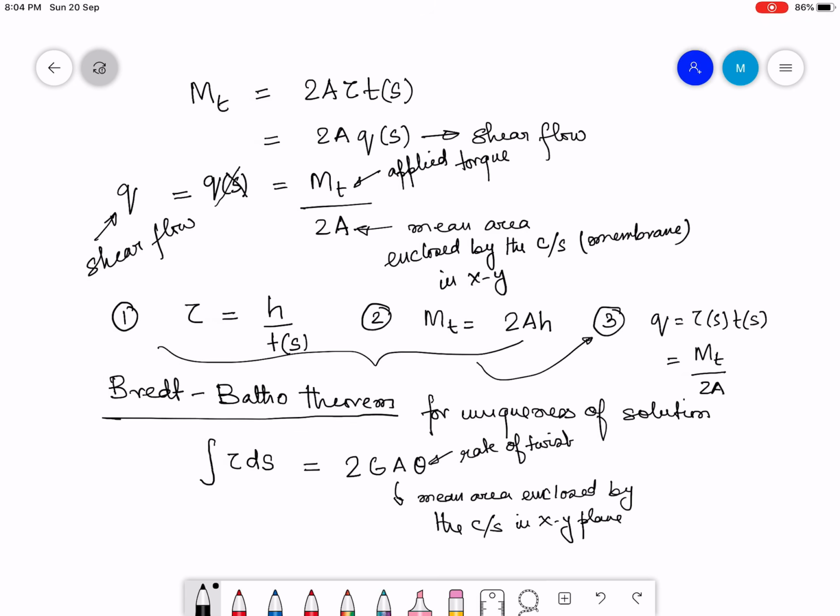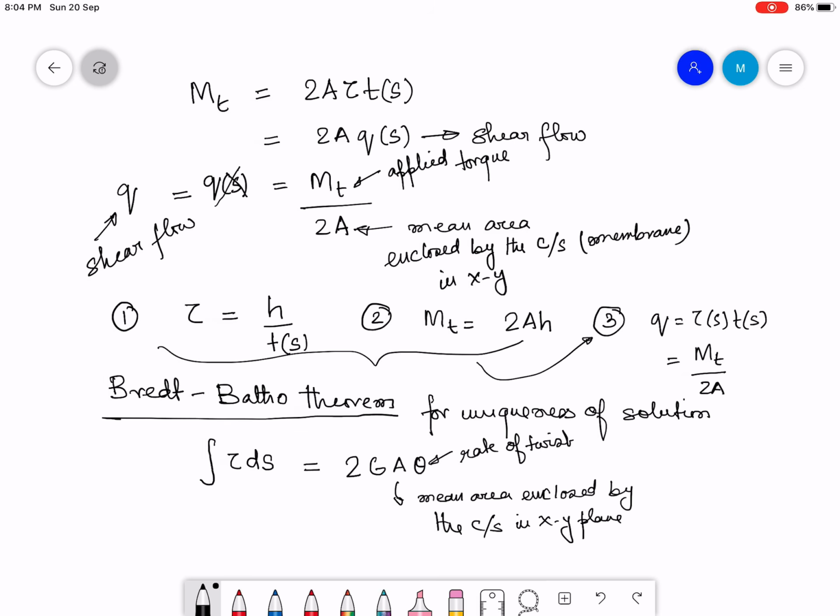This theorem is derived from the condition of uniqueness of the solution. Though we have derived how the previous two equations were achieved, I am not going into the derivation of this because it is a bit complicated. Those who are interested might look into the book by Timoshenko and Goodier, whose chapter on torsion has a nice explanation.